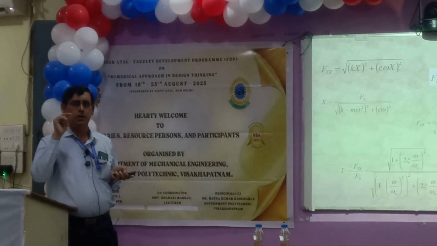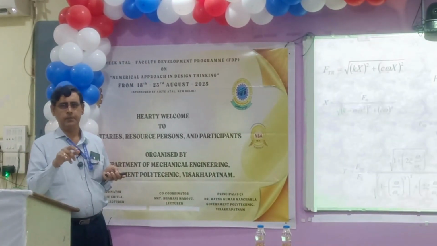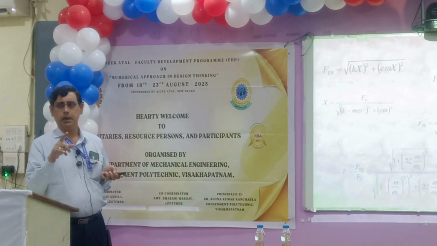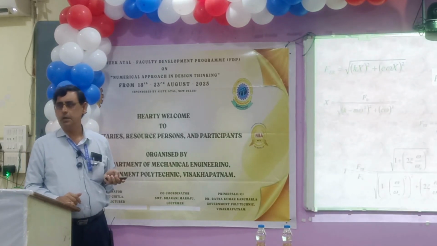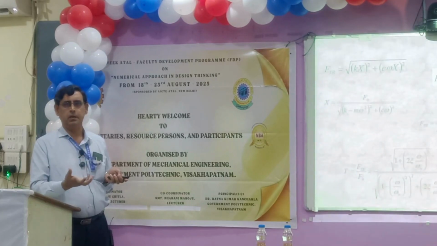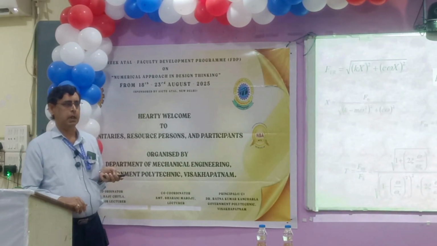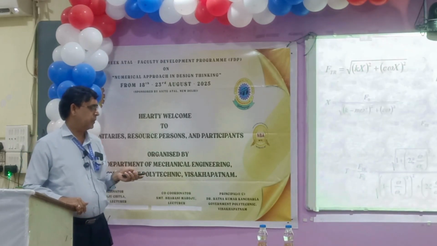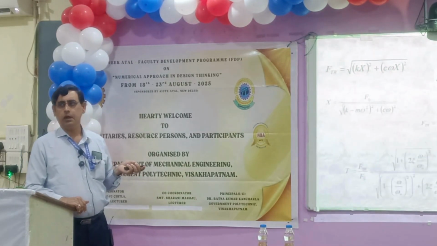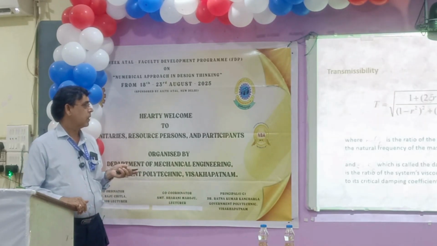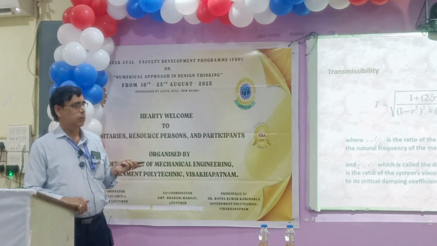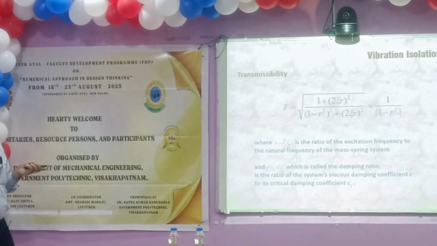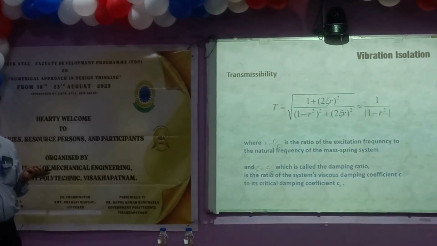R is basically the ratio of frequencies, the forcing frequency by natural frequency, whereas xi is the damping factor, which is basically how much damping is inherent in the damper divided by critical damping, what we call critical damping. So if you know this xi and r, you can calculate transmissibility. So that is why this is a very important formula for isolation. Once you know the transmissibility, you can always tell how much is the percentage of vibration isolation.